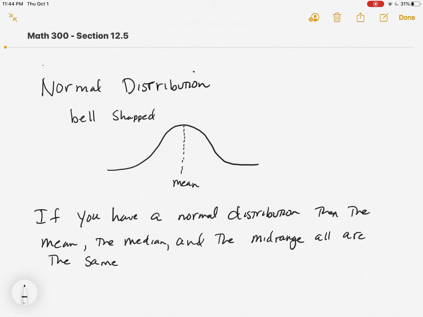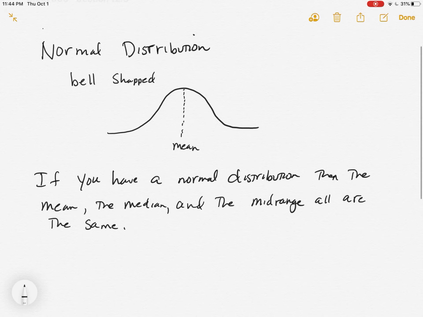They are all equal to one another. So if you truly have a normal distribution, the mean is equal to the median, which is equal to the mid-range. Pretty interesting. I know there's a homework question like that.